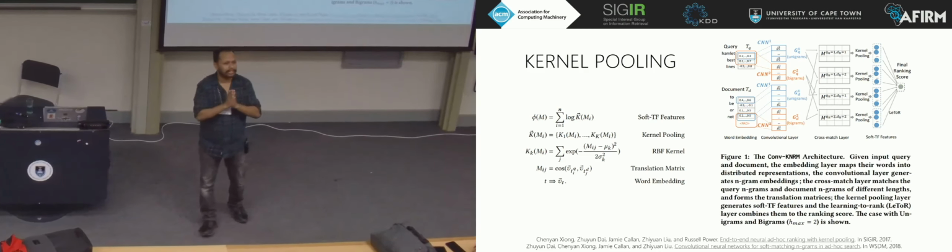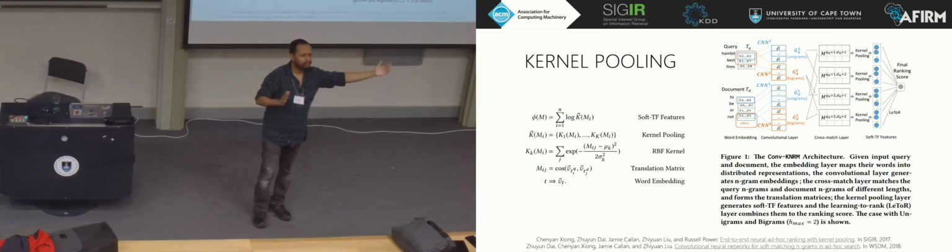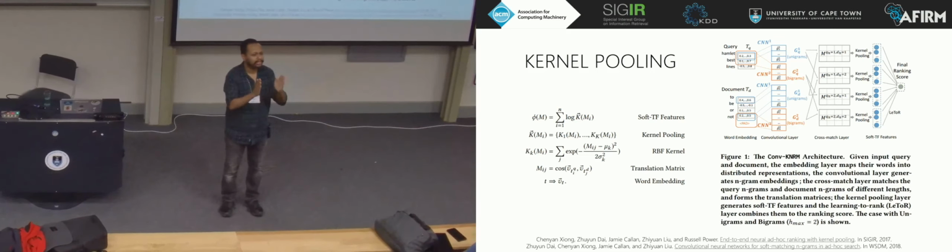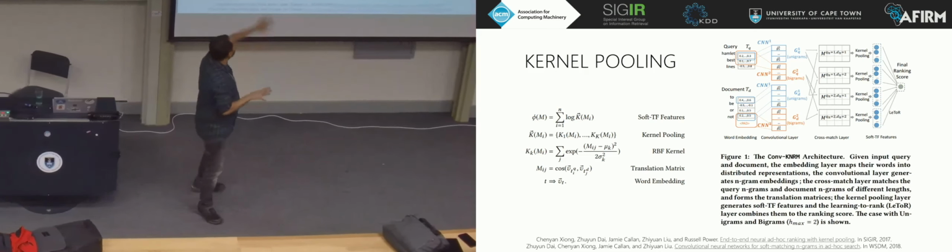So I have one feature that tells me if the similarity is very close to 1. One feature that tells me if the similarity is very close to 0. One feature tells me if the similarity is somewhere between 0.2 and 0.3, and so on and so forth, right? So that's the idea behind kernel pooling.